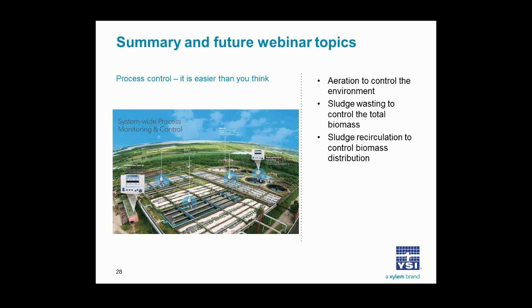However, I do know there are utilities that update their SRT set points on 15-minute intervals, and they have success with it. I think the important part, regardless, is having transparency in the system so you can see when there are problems and act on them when needed. And, of course, keeping the sensors clean.